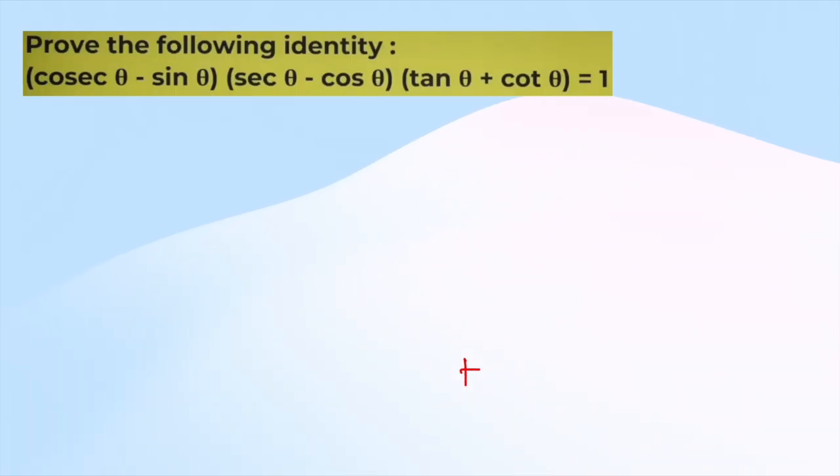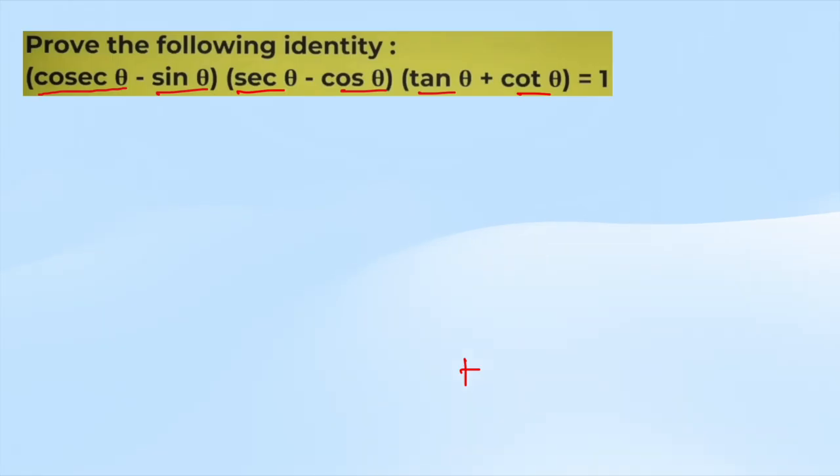It is the relation between cosec and sine, just the reverse, right? They are reciprocals. Sec and cos, again reciprocals, tan and cot, right? So we will try to convert everything into the simple form first, because they are reciprocals, right?